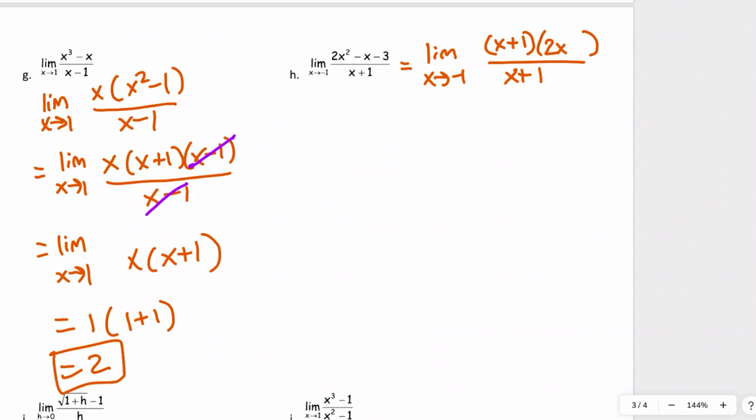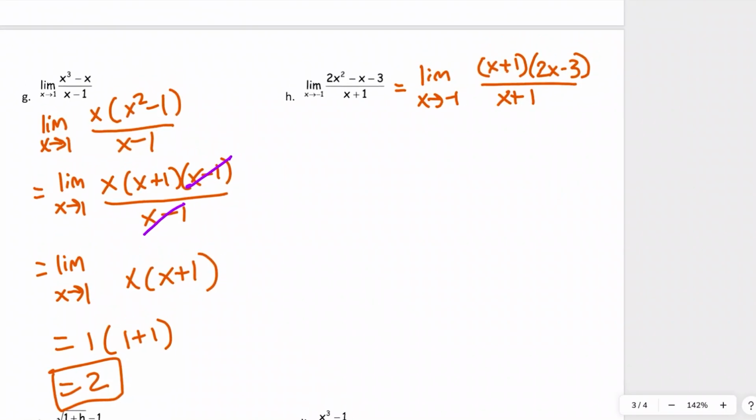And then if this does work out, 1 times this number has got to be negative 3. So that means this has got to be negative 3. Now, just to double check and make sure this is true, I can multiply my linear and constant terms, my inner and outer terms, and make sure they do add up to negative x. We got 2x minus 3x does add up to negative 1x. So that checks out.